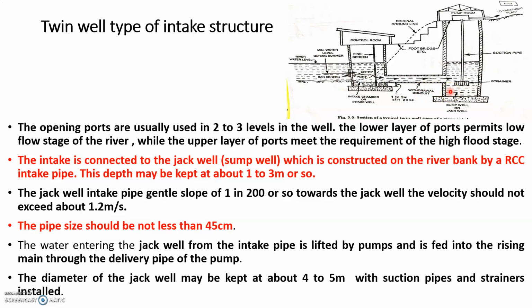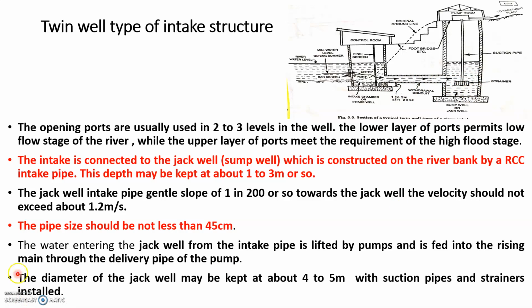This intake pipe is also constructed of RCC, and its depth may be around 1 to 2 meter. This is also called the jack well intake pipe, and it is generally sloped at around 1:200 towards the jack well itself.